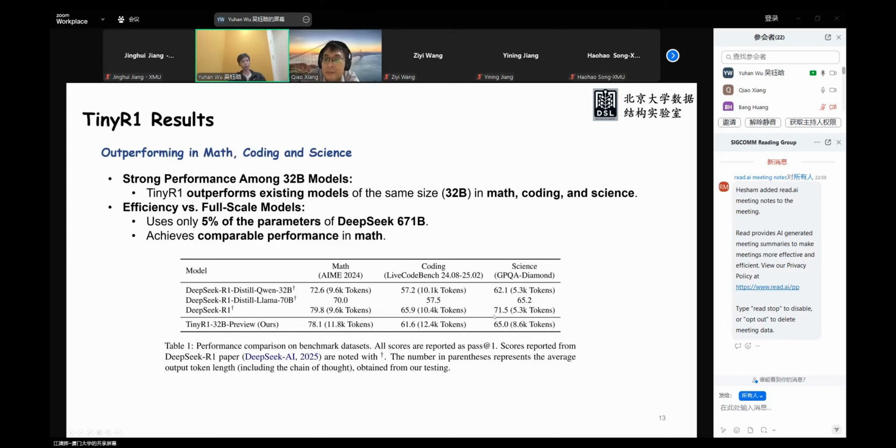The full R1 gets a 71 score. So actually, our preview version is just an intermediate outcome. We have a better model, but we released an intermediate model.